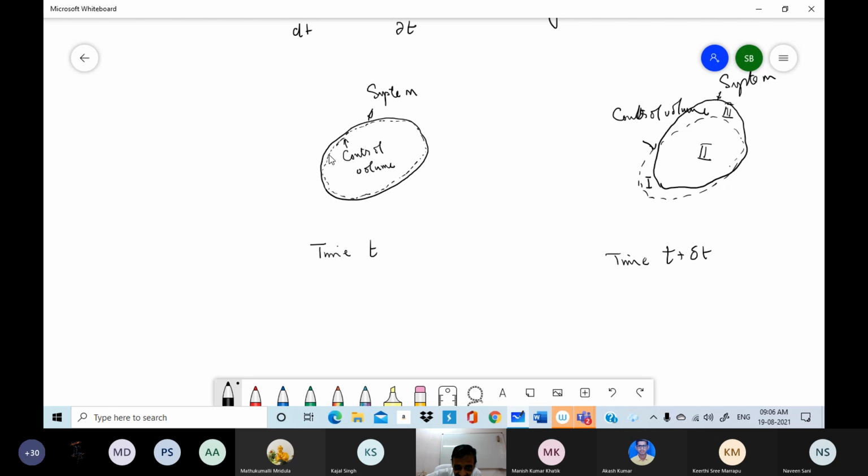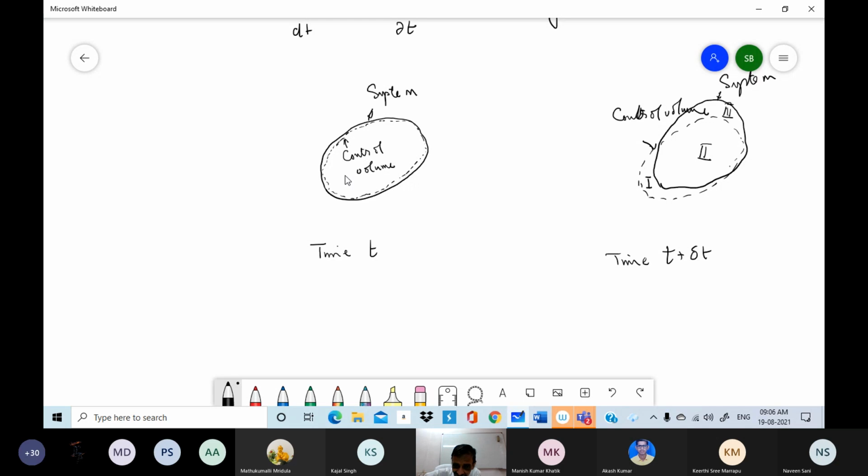I said, let's say I have a control volume. Now, I have taken this from Streeter's book on fluid mechanics. Streeter denotes the control volume by a solid line and the system by a dotted line. I'm reversing the convention, reversing it with a reason, because there's mass flow across the boundary of the control volume.